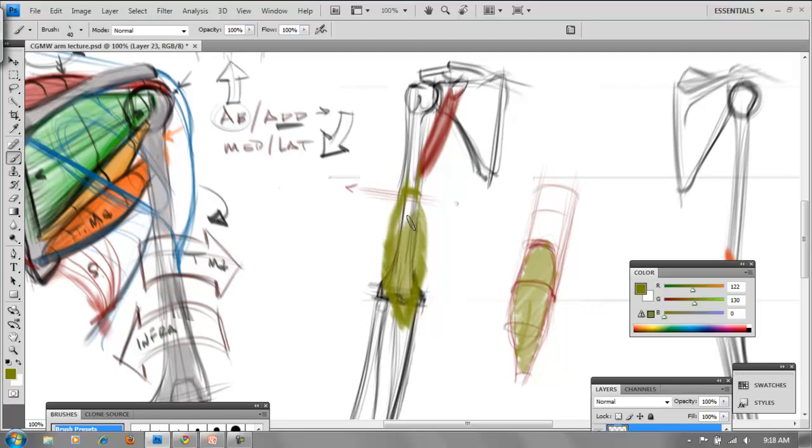So here's our pillow muscle. And now let's get some overlaps just so we have a clear idea of the relative placements based on our space. Attaching, behind.